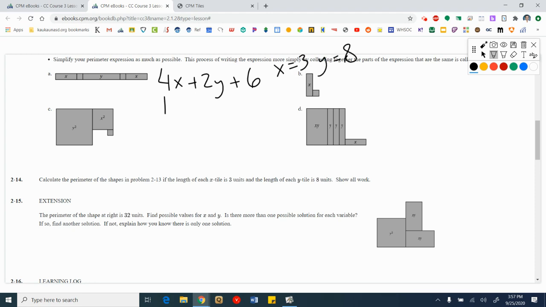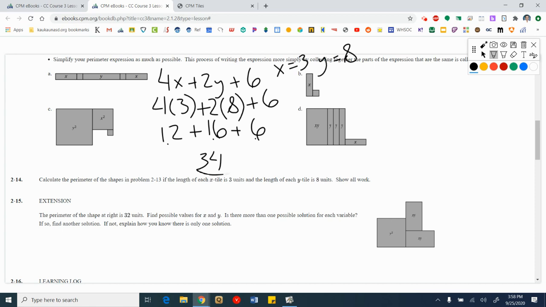So we have 4 times x, which is 3, plus 2 times y, which is 8, plus 6. Order of operations, I'm going to go ahead and multiply: 12 plus 16 plus 6. 12 plus 16, I get 28. 28 plus 6, I get 34.